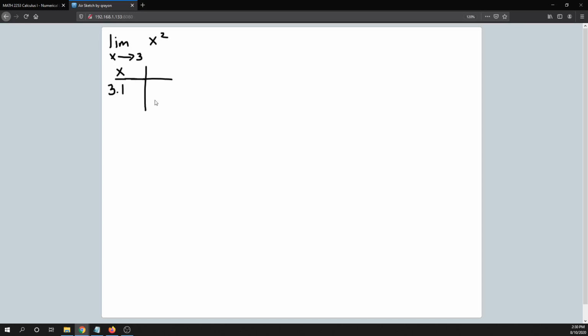Starting with 3.1, remember our function f of x equals x squared. So 3.1 squared comes out to be 9.61. That would be the value of f of x for this particular value of x.